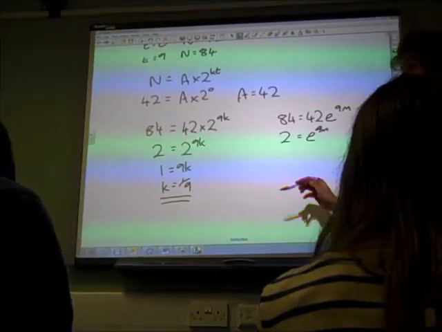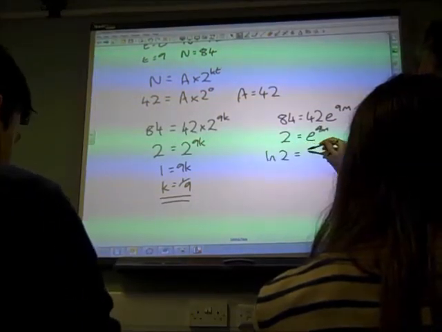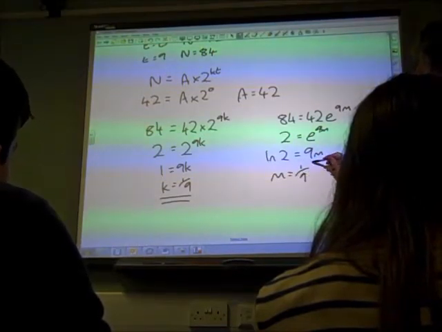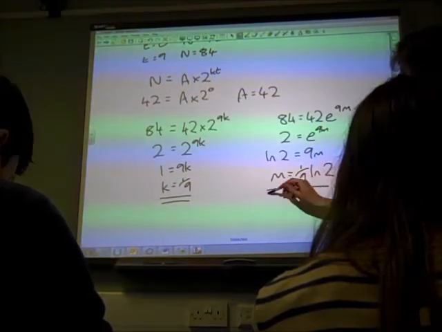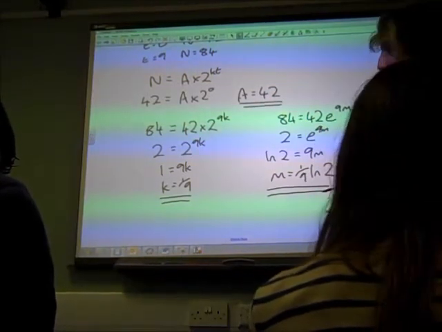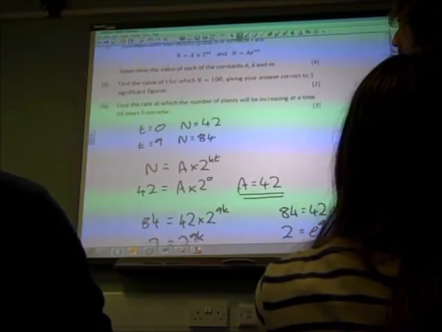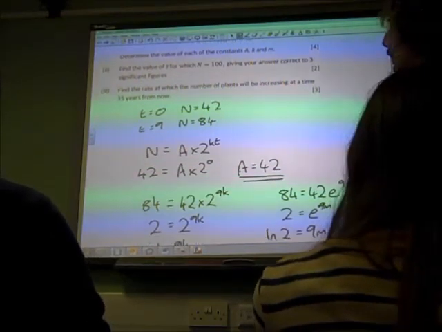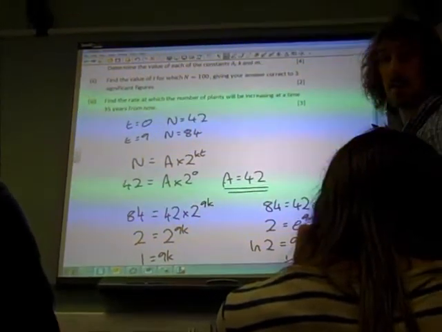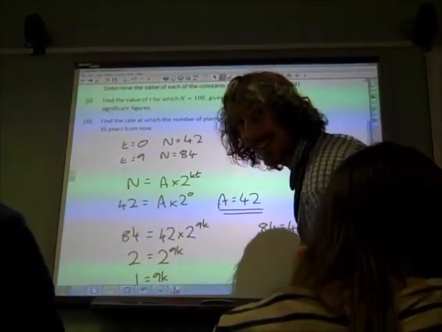If we take logs of both sides, natural log of 2 is 9m. So m is 1/9 the natural log of 2, and we found the 3 mystery unknowns. Very exciting. Find the value of t for which n is 100, giving your answer correct to 3 significant figures.